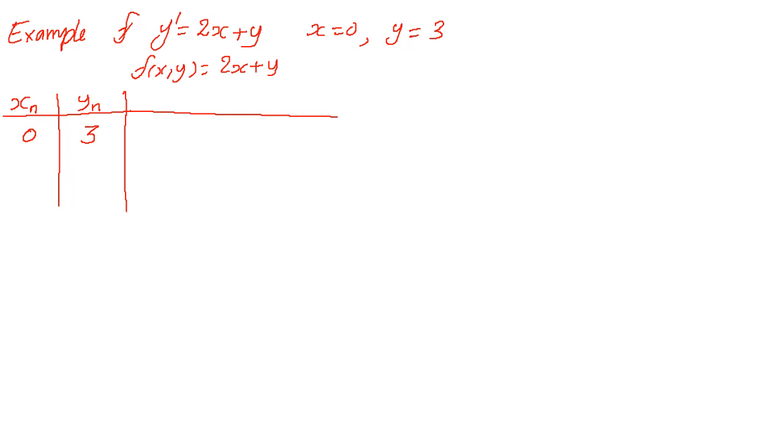Now we will calculate all the k's. We will calculate k1 using the formula h into f of xn, yn, or simply let me call it x, y. You can call this the present value of x and this the present value of y. So we'll choose h as 0.1. Now what is k1?